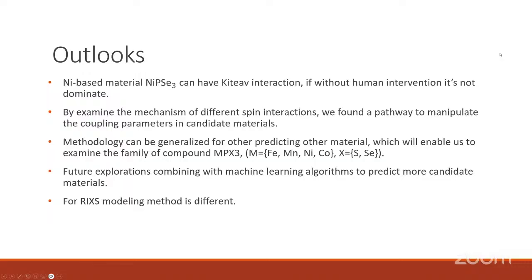For example, today I only show MPX₃ and MPX₄. However, in this family, both replacing the transition metal set and also the ligand set will generate more interesting physics, but there are still many efforts we need to do to model all those family members of the system compounds.